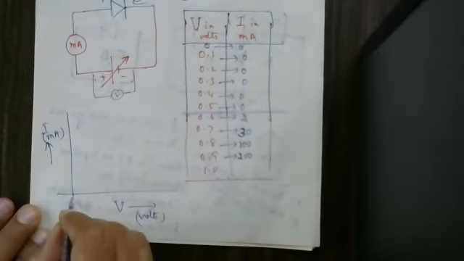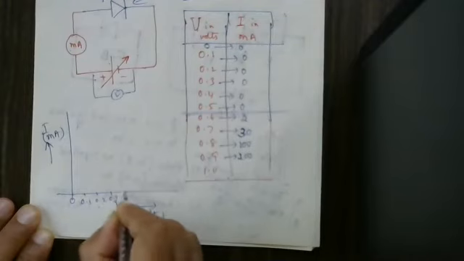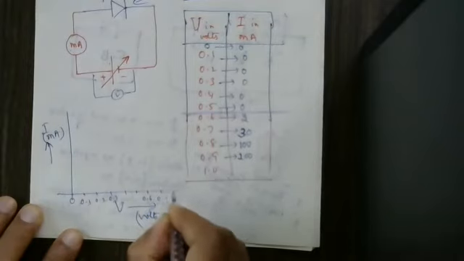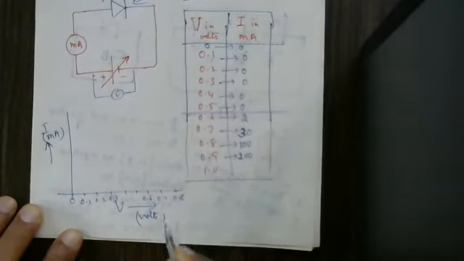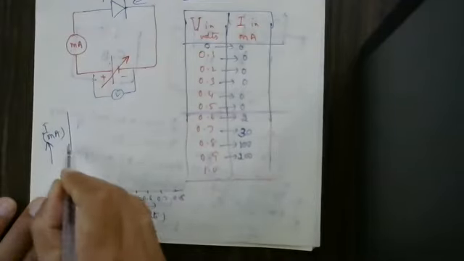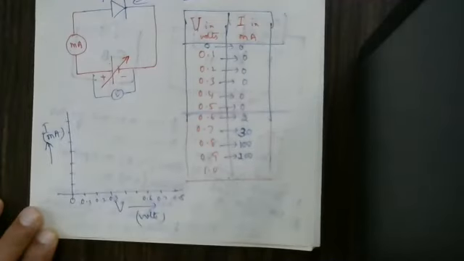This is 0.1, 0.2, 0.3, 0.4, 0.5, 0.6, 0.7, 0.8. Here, you have to take the units and scale properly, choose it and plot it.